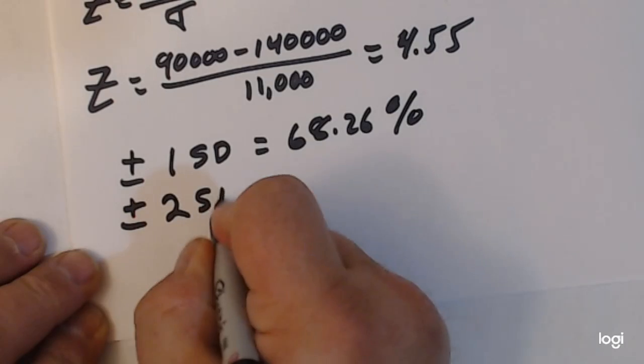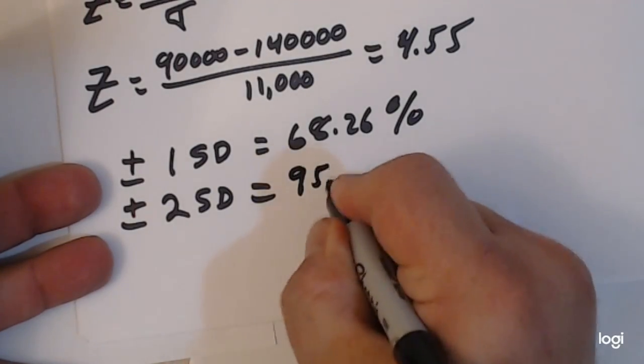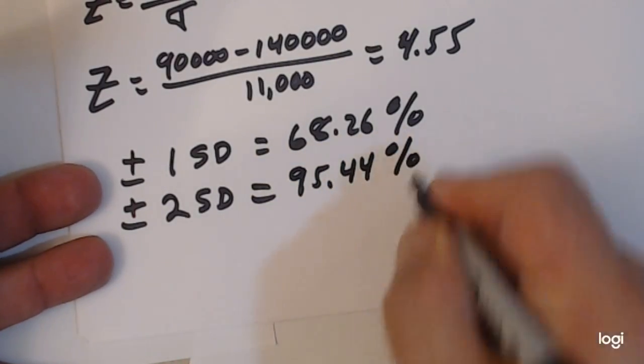Plus or minus 2 standard deviations from the mean is 0.4772 times 2, 0.9544, so 95.44% of all observations.